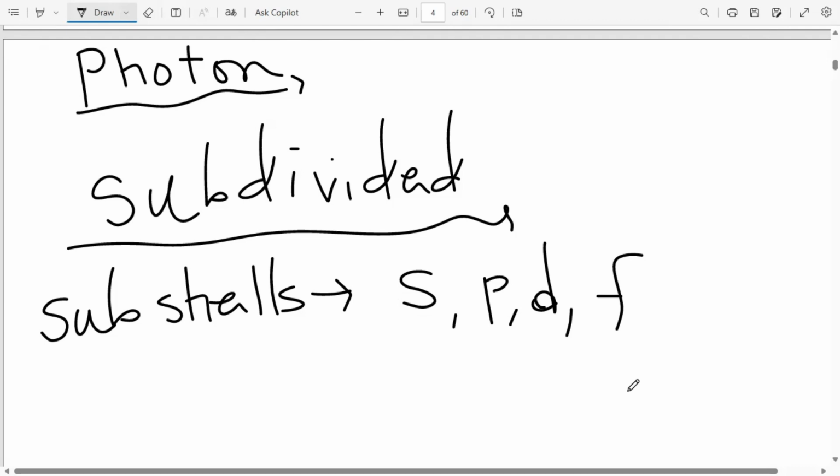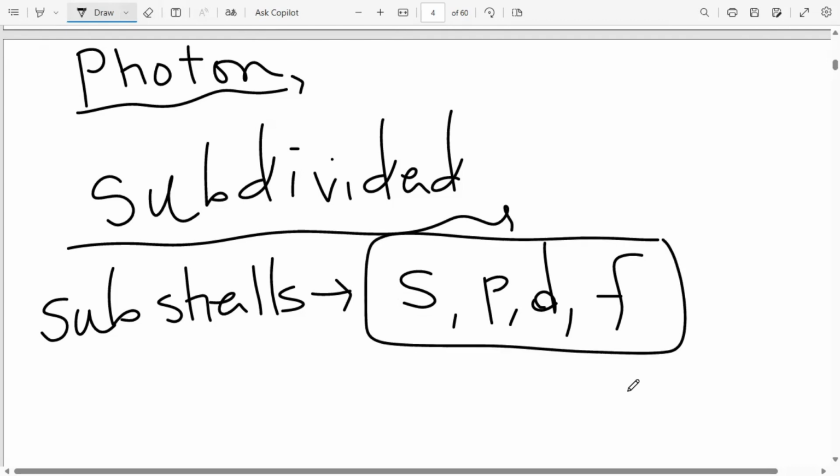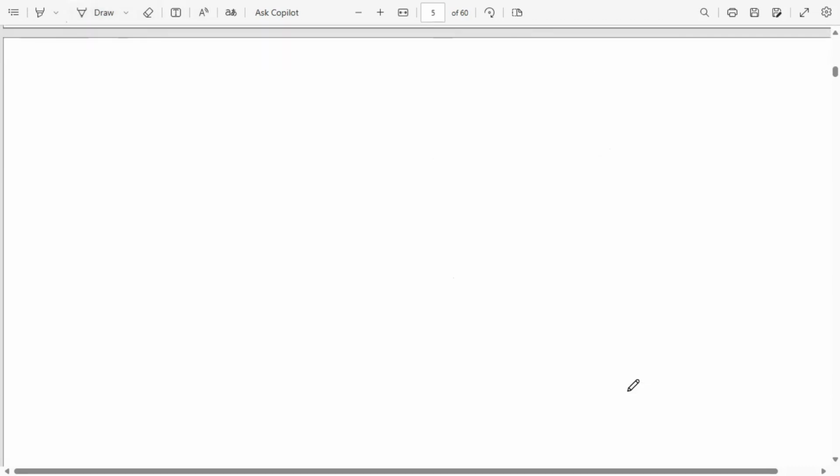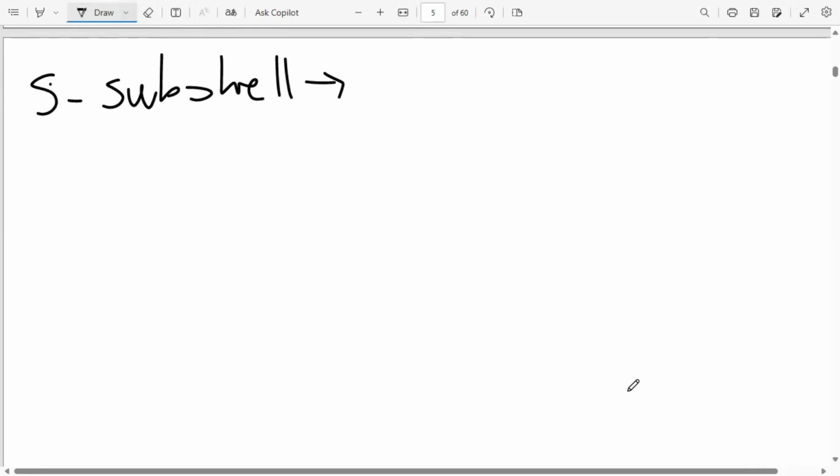And these subshells correspond to distinct shapes and also have a specific capacity of electrons that they can contain. For example, let me go to another page. If we talk about the S subshell, the S subshell contains one orbital and can accommodate a maximum of 2 electrons.